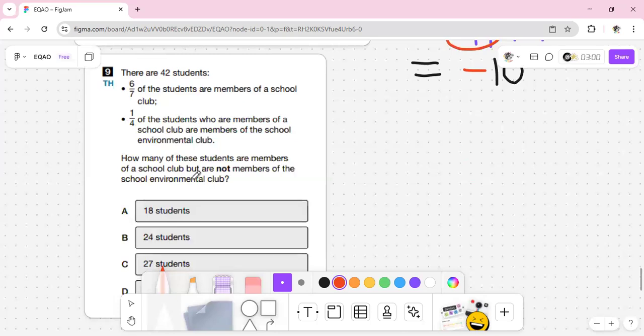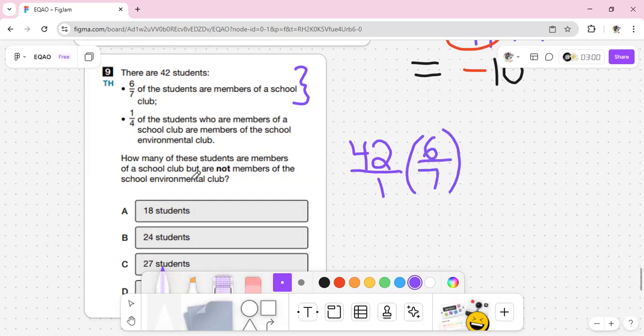So what that means, just the first part of this question, is that we have a total of 42 students. And if I multiply 42 by 6/7, we're multiplying fractions here, I know that 7 goes into 42 6 times. So that leaves me with 6 times 6, which gives me 36 students.